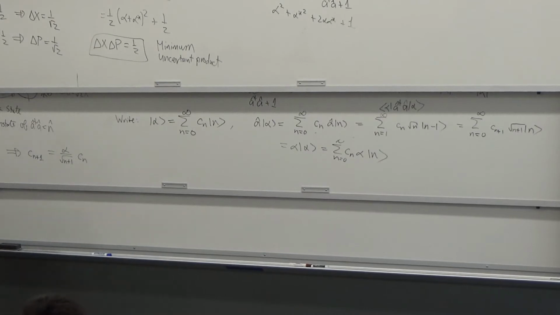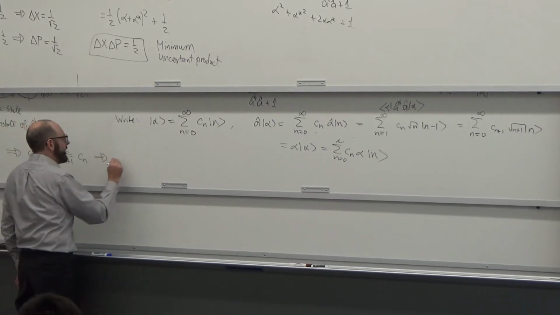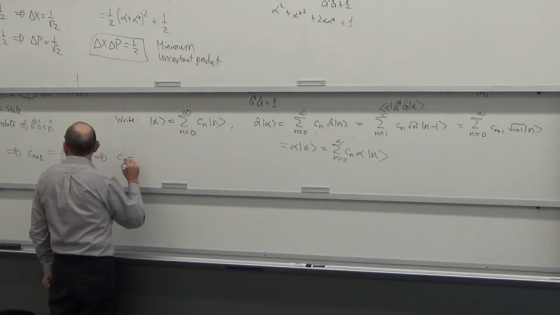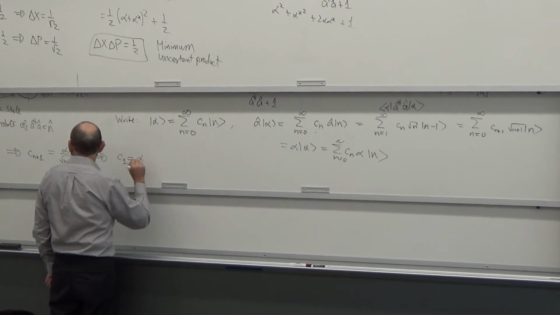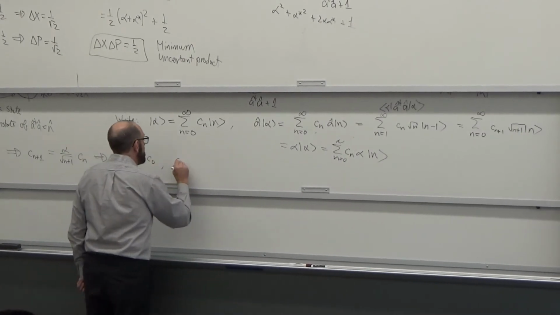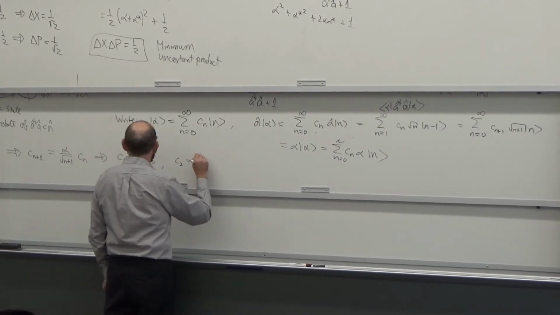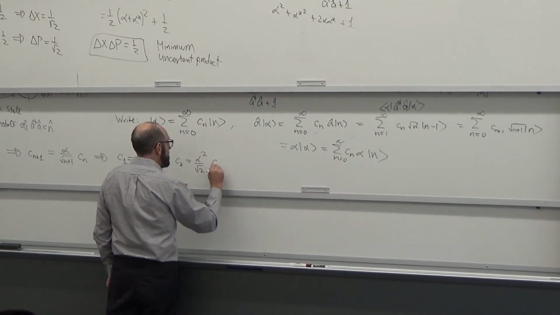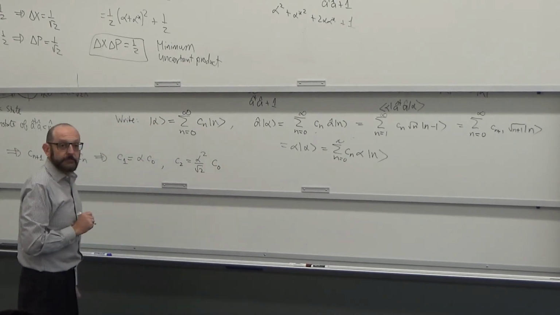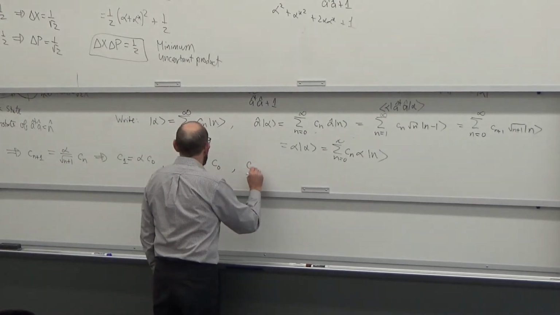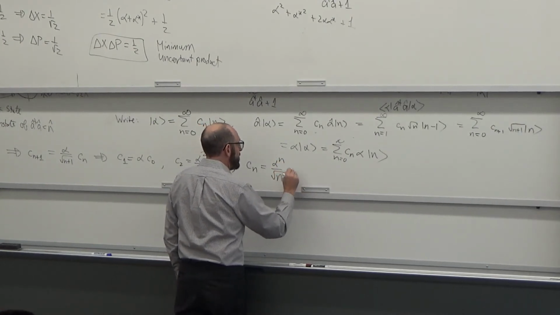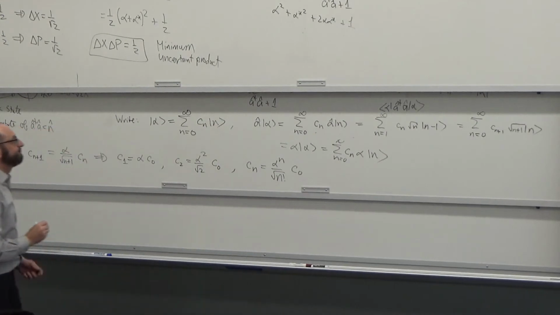Okay? And so, that tells me that C1 is equal to alpha times C0. C2 is equal to alpha squared over root 2 C0. And C sub n is alpha to the n over square root of n factorial C0. Just doing that recursion.